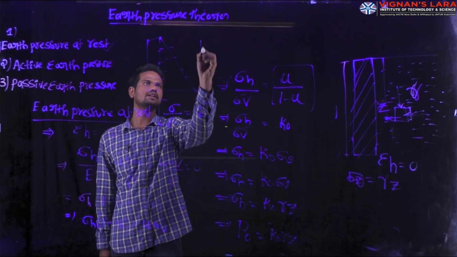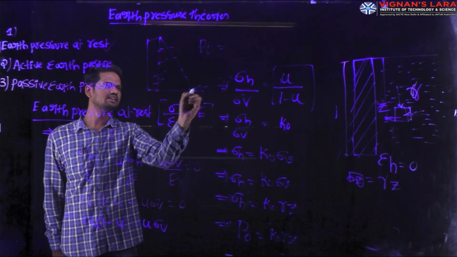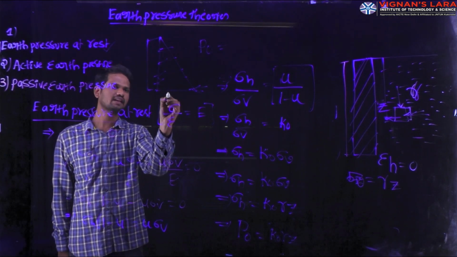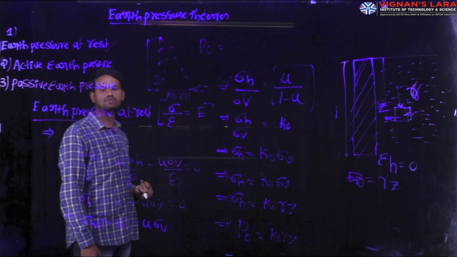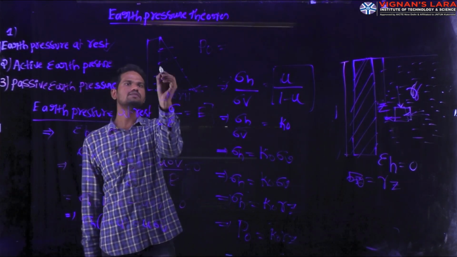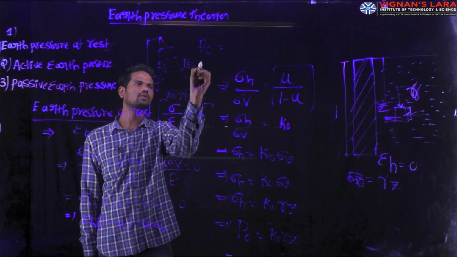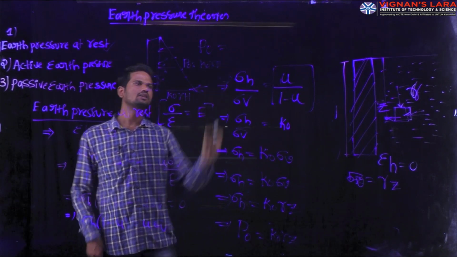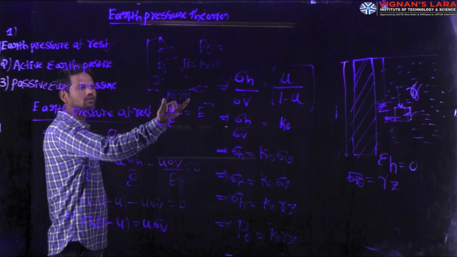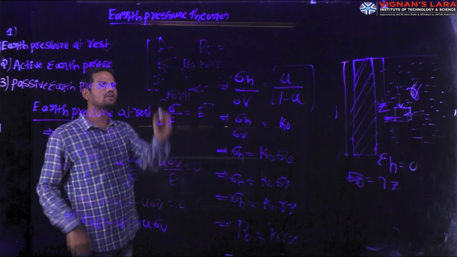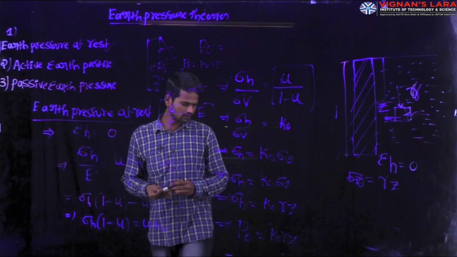At the bottom, the amount of pressure equals K naught into gamma into H. Again, at a particular depth Z, the horizontal pressure P naught equals K naught into gamma into Z, and at the bottom, at total depth H, it equals K naught into gamma into H.